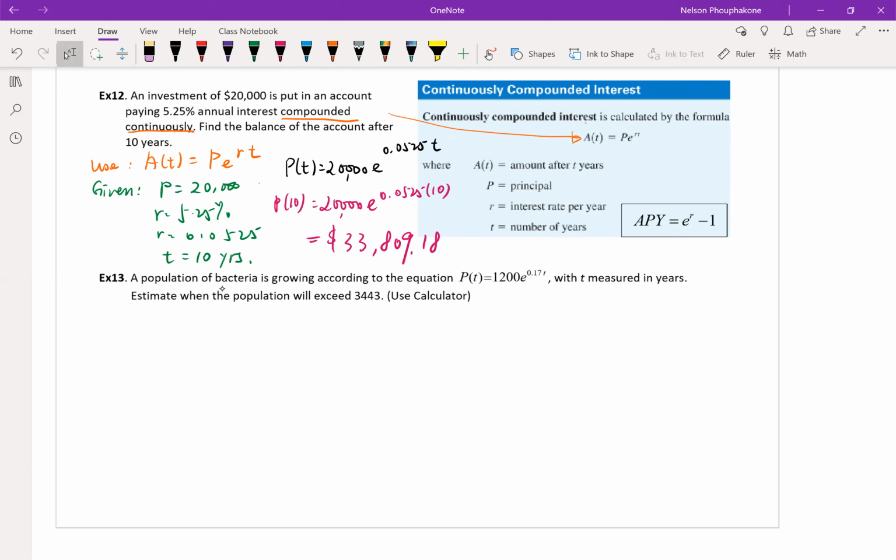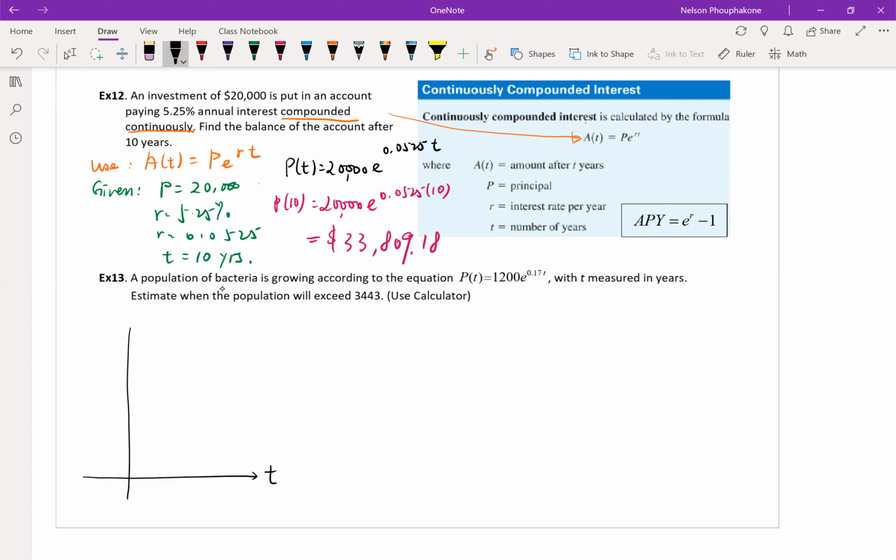Now, this one says that a population of bacteria is growing according to the equation P of t equal to 1200 e raised to the power 0.17t, with t measured in years. We would like to estimate when the population will exceed 3,443.